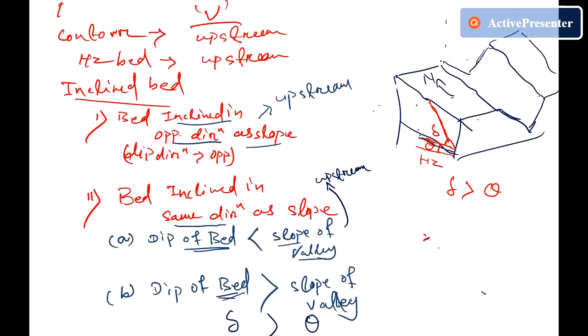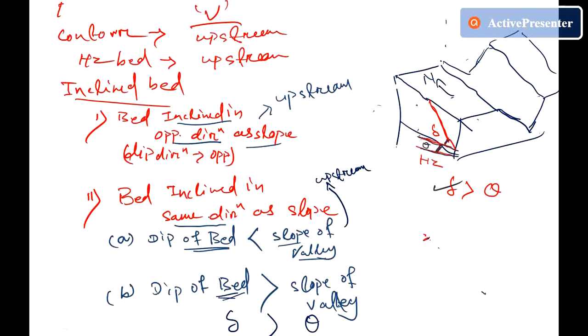This is the horizontal, right? This is the horizontal, and you can see this part is theta and this part is delta, right? So delta is greater than theta.